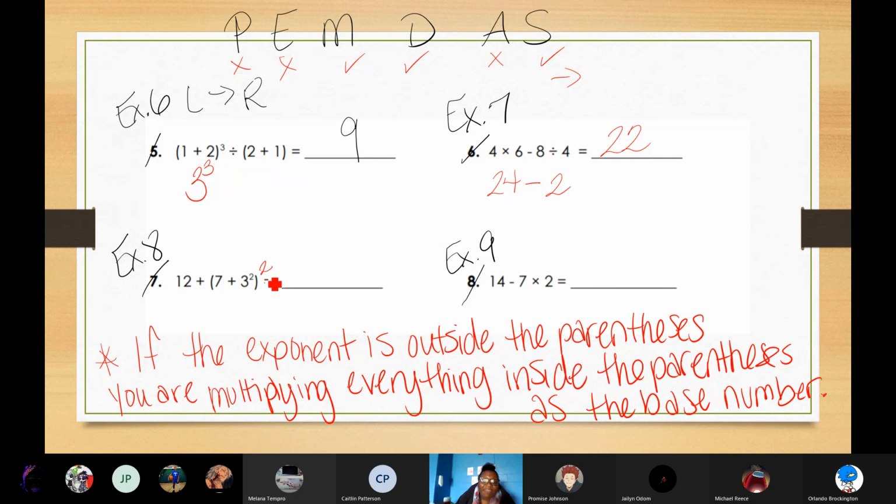If I would have had that 2 on the outside here, I would have exponent powered up everything. But if I have my exponent beside the number inside the parentheses, that's the only base number I have. And hopefully that will get easier as we practice with it more. We'll be working with order of operations all week and most of next week too.